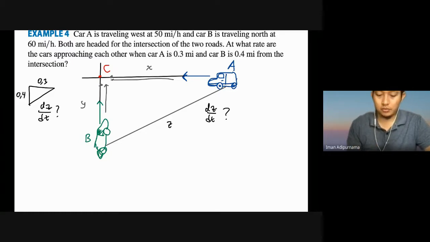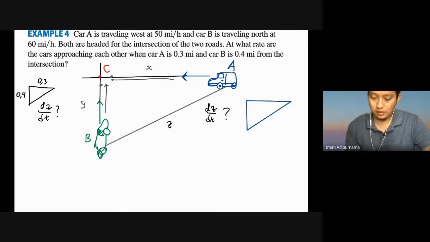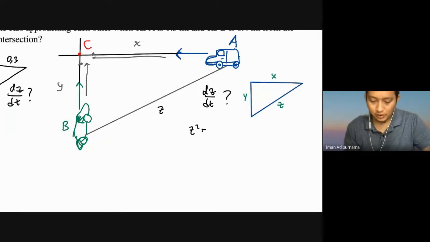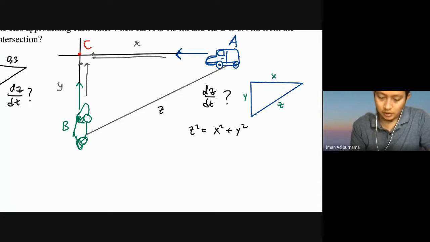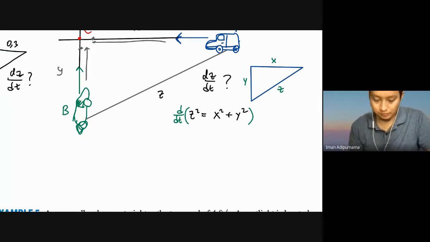Okay, so we will have a triangle. At least it looks like a triangle. Okay, so by doing this, we get this is X, Y, and Z. Because of this triangle, we can use the Pythagorean theorem, and then we can find the derivative with respect to t, dt. So it will be dz/dt.